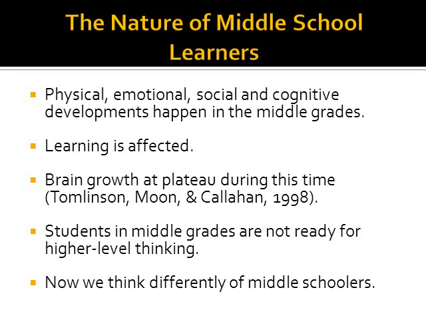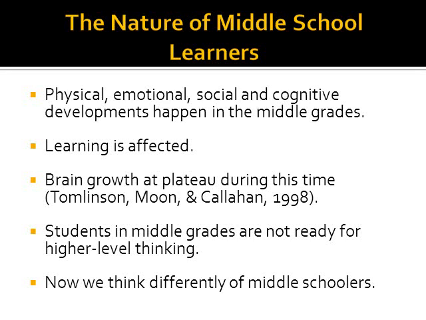And the nature of a middle school learner can be very different than other learners. Learning is affected because students are developing physical, emotional, social, and cognitive developments in the middle grades. Students are concrete thinkers. Brain growth hits a plateau during this time.